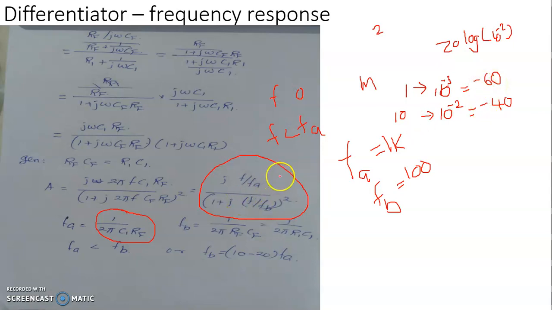When the frequency of the signal becomes equal to FA, the numerator will be losing its predominance and the denominator will be becoming important. That will offer a two pole response. The effect of these two poles is that the first pole will be cancelling the effect of the zero, and the second pole will cause a roll off for the gain of the order of 20 dB per decade.